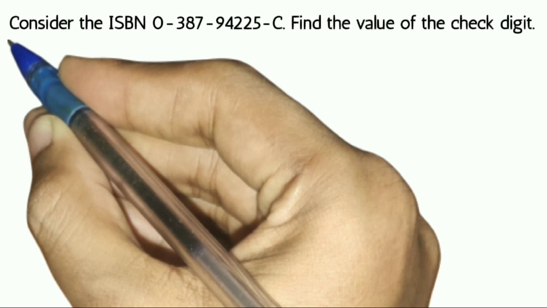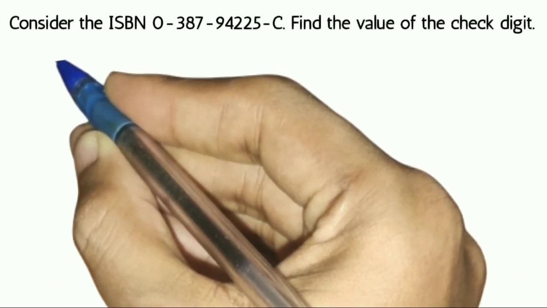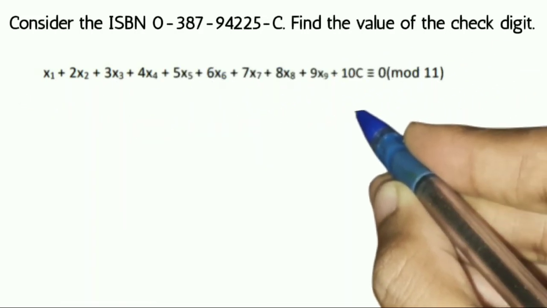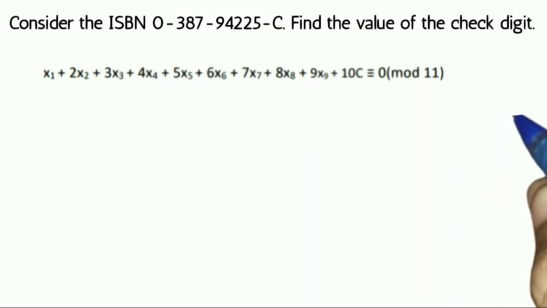Our check digit is C. In order to find the value of the check digit, we will use x sub 1 plus 2x sub 2 plus 3x sub 3 plus 4x sub 4 plus 5x sub 5 plus 6x sub 6 plus 7x sub 7 plus 8x sub 8 plus 9x sub 9 plus 10c is congruent to 0 mod 11.